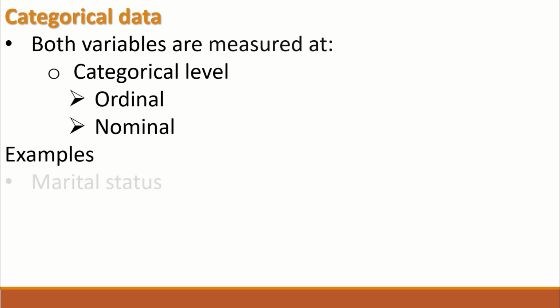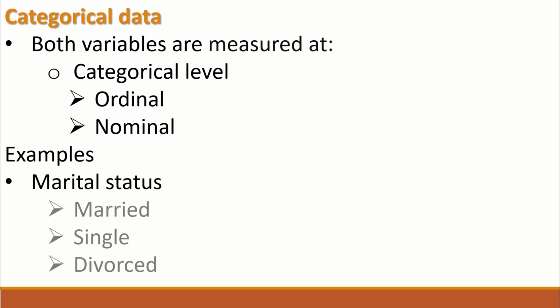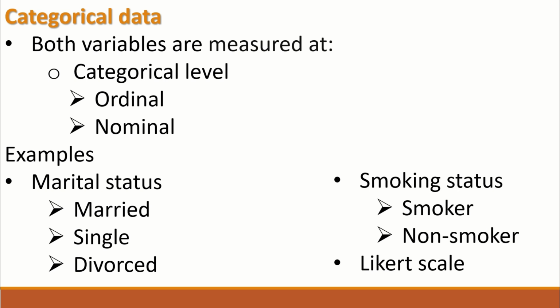Examples of categorical data: marital status is nominal data, as there are three classes given here: married, single, divorced. Another example is smoking status, whether you are a smoker or non-smoker. It is categorical. It is binomial or binary data because there are only two levels in it: yes or no, smoker, non-smoker.